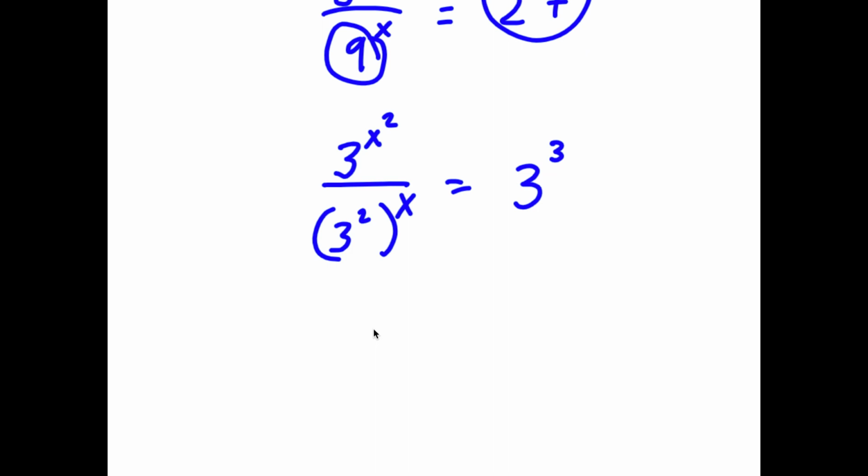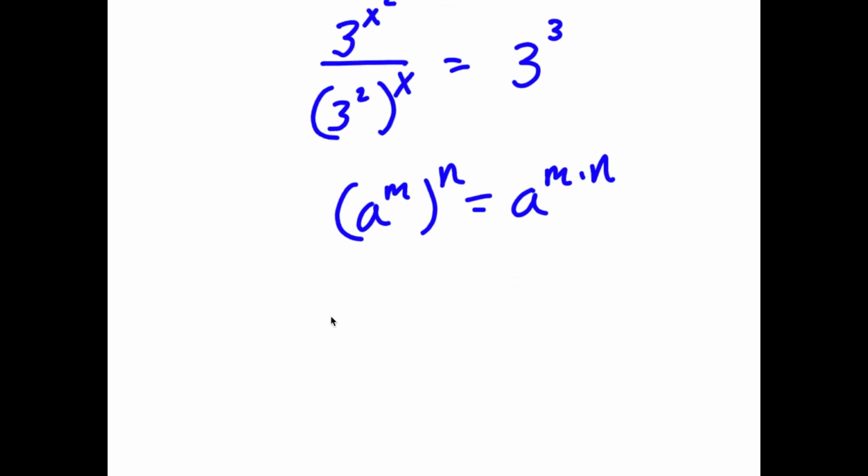Now, if I have something in the form a to the power of m to the power of n, this is equal to a to the power of m times n. So 3 to the power of 2 to the power of x is going to be equal to 3 to the power of 2 times x, which is 3 to the power of 2x. This is equal to 3 to the power of 3.